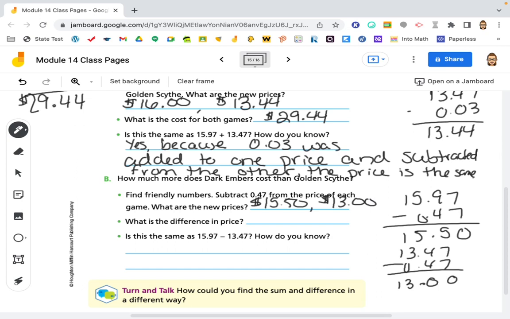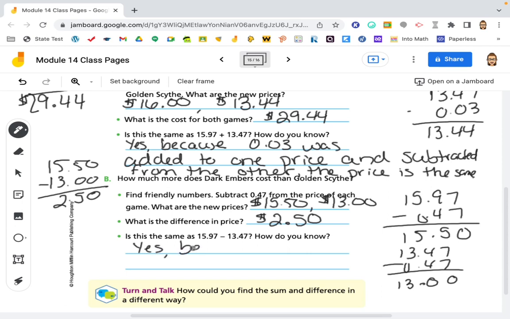So then it says, what is the difference in price? So we would subtract 15.50 minus 13. That would give us $2.50. Is this the same price?